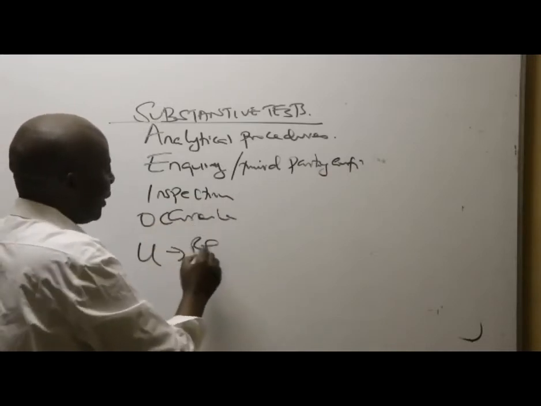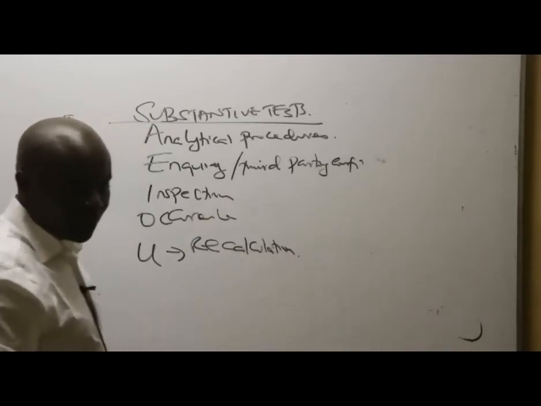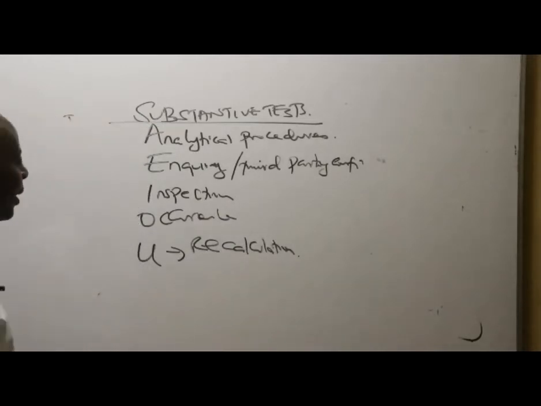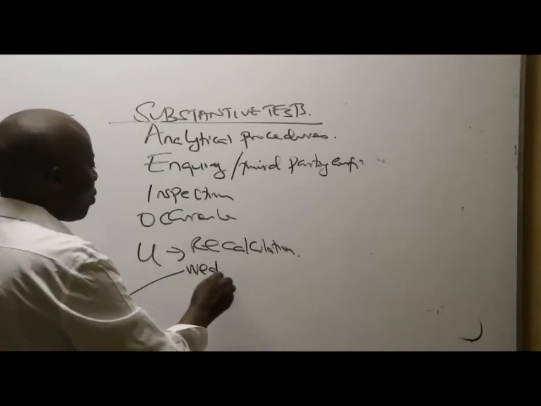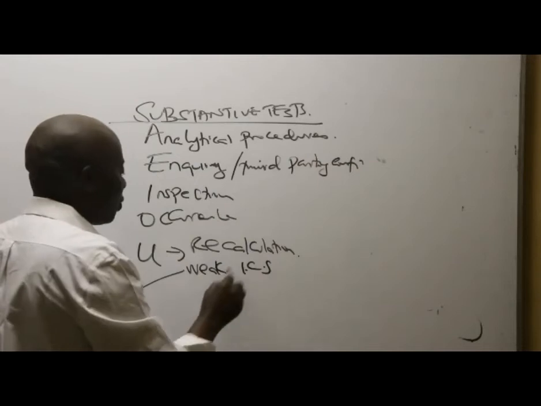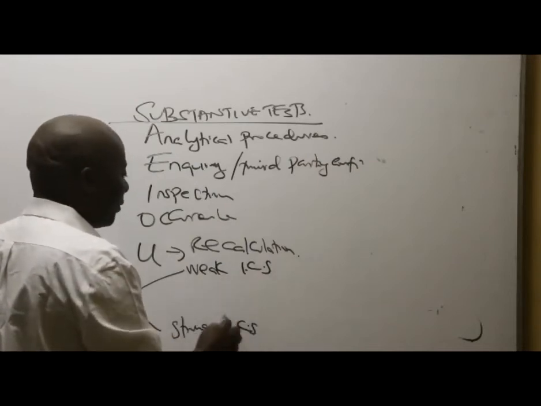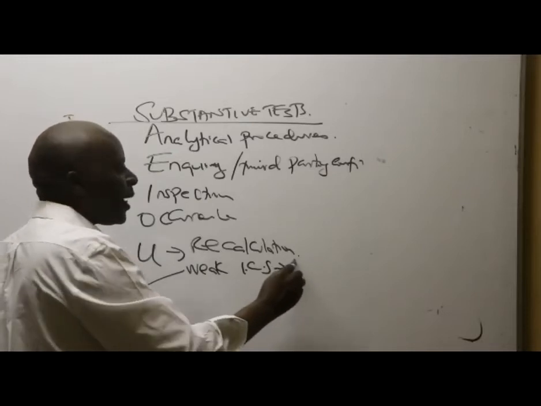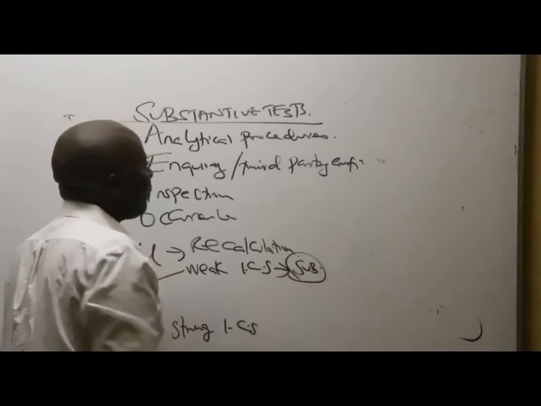And then the last one is recalculation. So ladies and gentlemen, if a company has weak internal control systems, then it means that I have to apply more of substantive tests. And these are the substantive tests we're talking about.